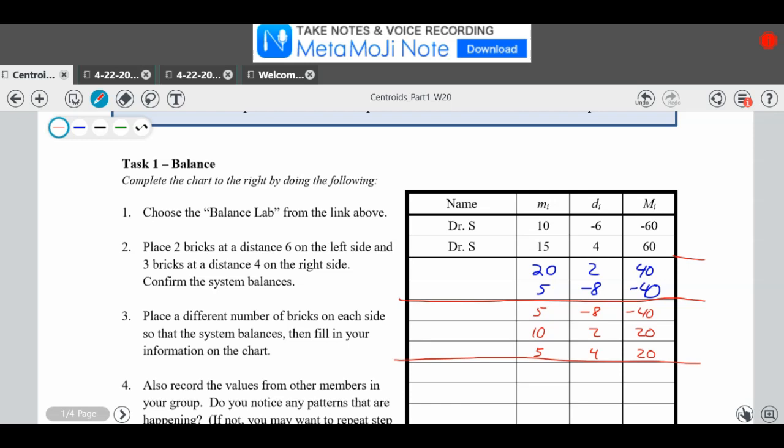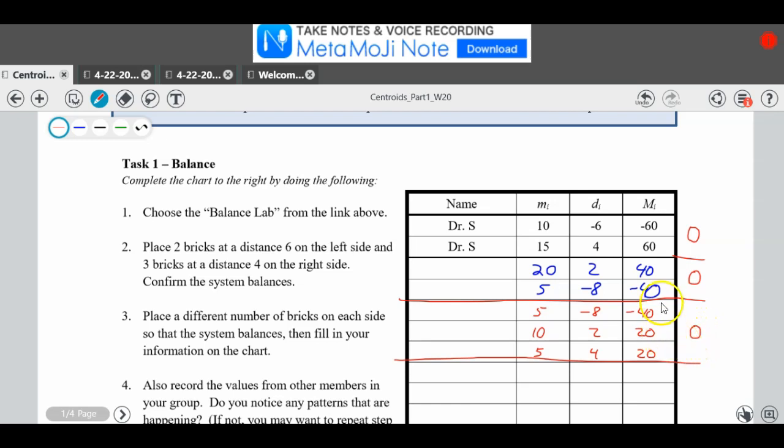So what you'll notice is as you fill in the chart, your moments should always follow the same pattern. So if it's balanced, in this case, the negative 60 and 60, I get a total moment of 0 right there. 40 and negative 40 again, total moment of 0. Negative 40, 20 and 20, total moment of 0.